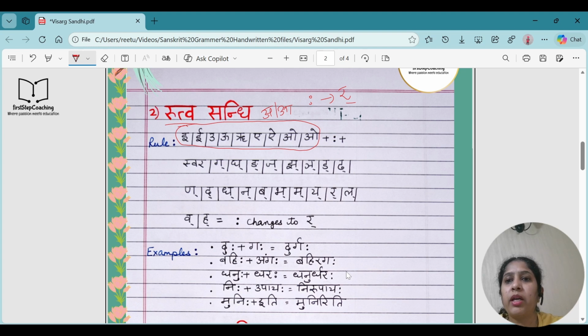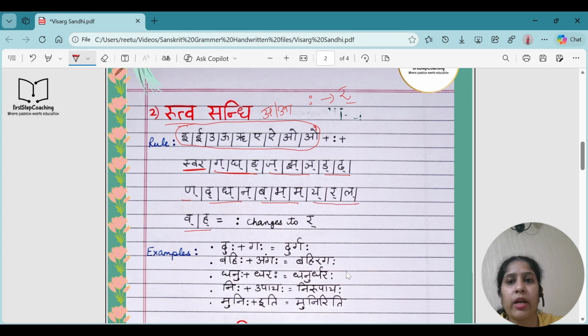It can have choti i, badi ee, u, oo, ri, e, ai, o, au. Out of these, anything can be there, and the word should end with the visarg after that, and then after that, it can be any swar, or the same thing as in Utva Sandhi, the third, fourth, fifth letter: ga, gha, ja, jha, da, dha, na, ba, bha, ma, ya, ra, la, va, ha.